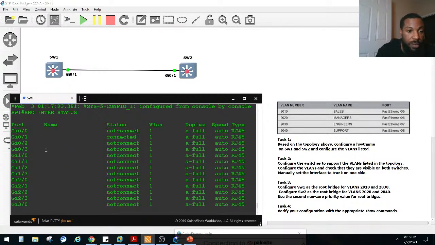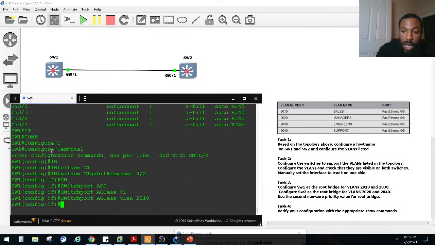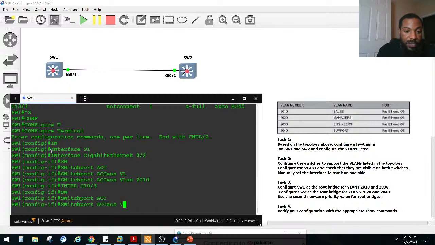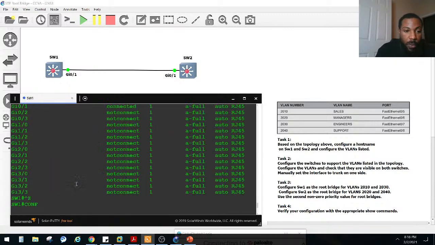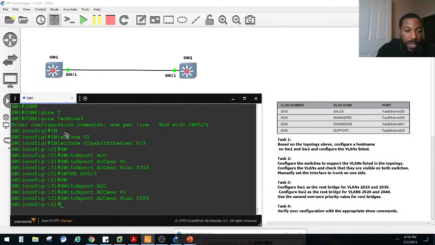We're going to put 0/3 in VLAN 2020. So interface gig 0/3, switchport access VLAN 2020. We said gig 1/0 in the next VLAN and 1/1 in the next VLAN.